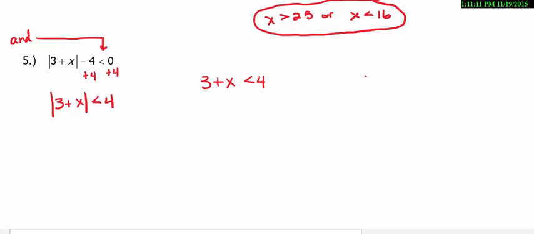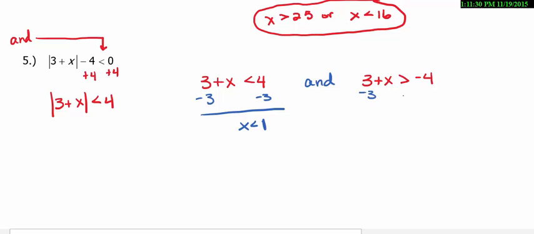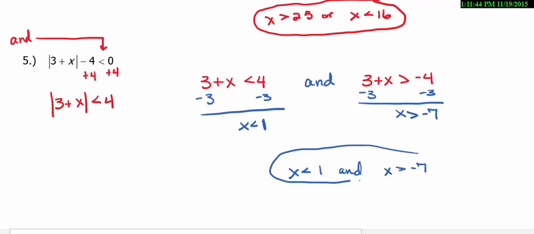Our negative case, 3 plus x after we drop the bars, but this is greater than negative 4. Now let's go through and solve for x. Subtract 3 over. X is less than 1. And we need the word and in here. Then subtract 3 from both sides in the other case. X is greater than negative 7. So our solution is x is less than 1 and x is greater than negative 7.